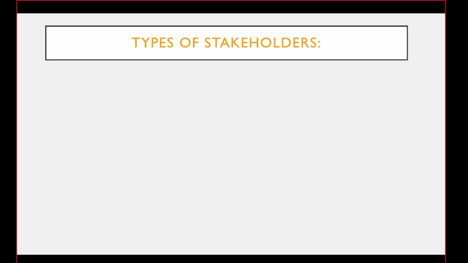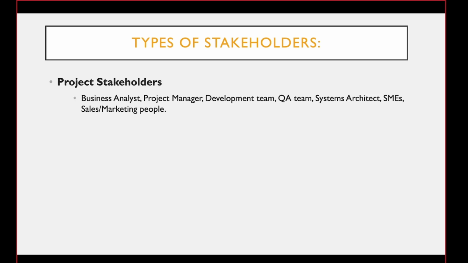So let's look at the types of stakeholders once. These are the project stakeholders: the BA, project manager, dev team. These are all stakeholders who have a vested interest in the project from the software application perspective.